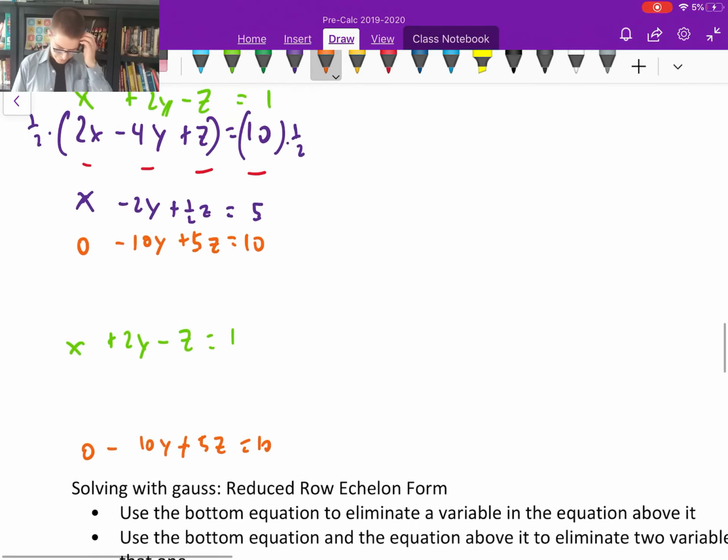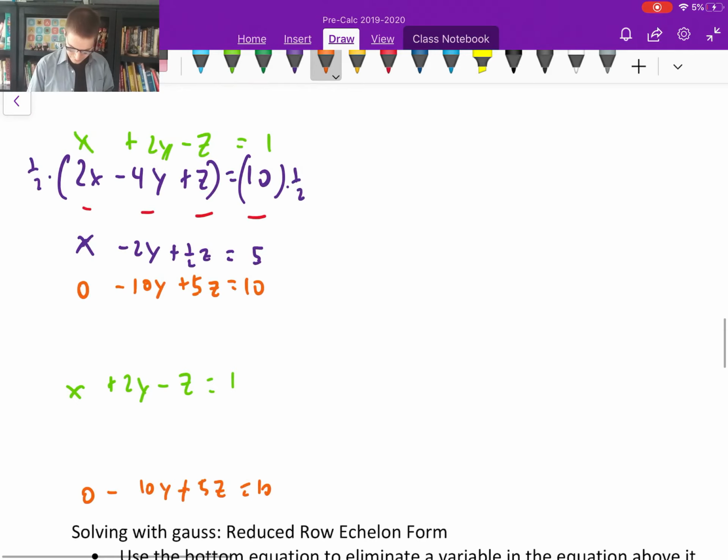Okay, and then from here we will take 1/2 and multiply it through. Or we'll take this new equation and we'll subtract this x from that x. That gives us 0. And then from there we will subtract the 2y minus the negative 2y. So that gives us 4y.